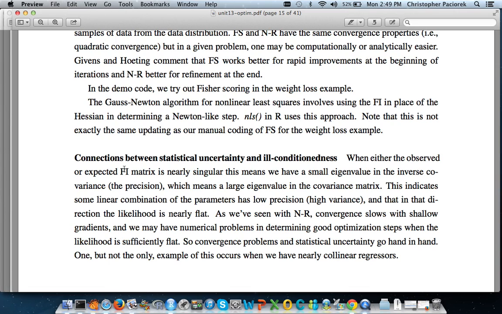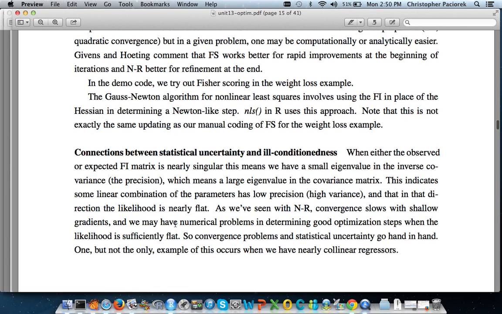The numerical problem of not having a positive definite Hessian goes hand in hand with the statistical issue that you don't have a lot of information in at least one of the directions about the parameters you're interested in. So that's something to keep in mind if you're doing optimization and you're having trouble with things being very shallow or the Hessian not being positive definite.